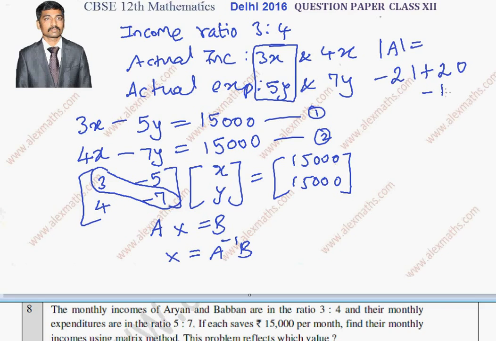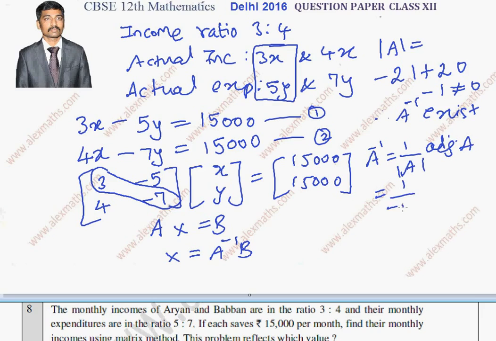So it is minus 1, which is not equal to 0. Therefore, A inverse exists. Now, A inverse is nothing but 1 by determinant A into adjoint A. 1 by determinant A is 1 by minus 1.